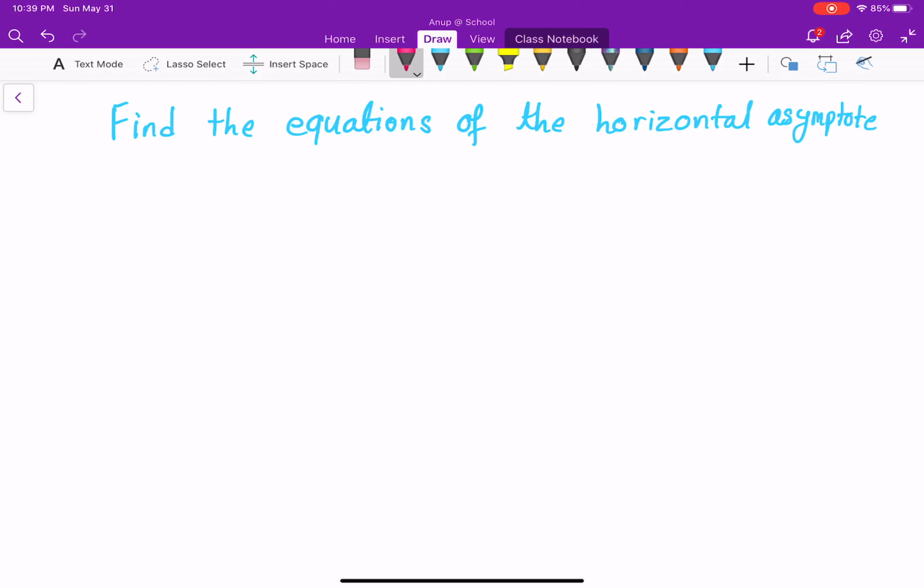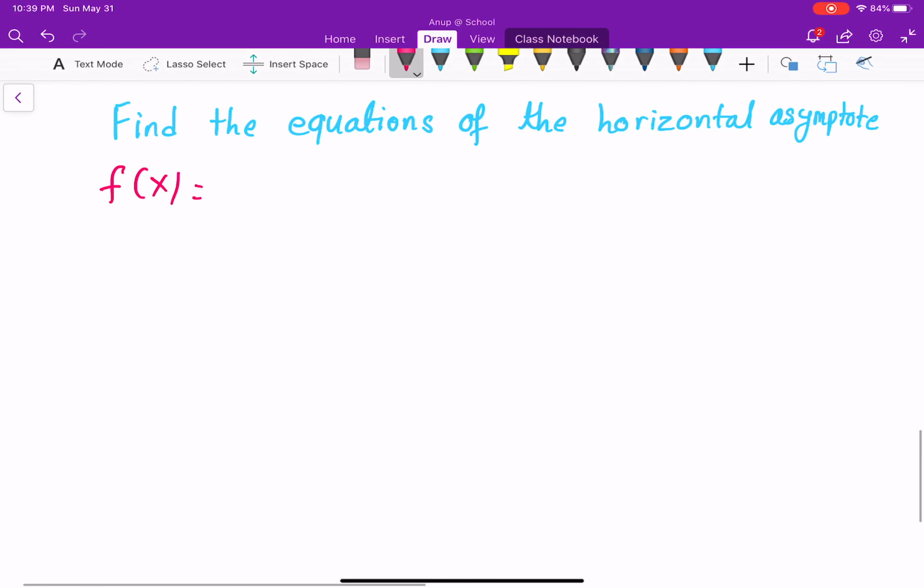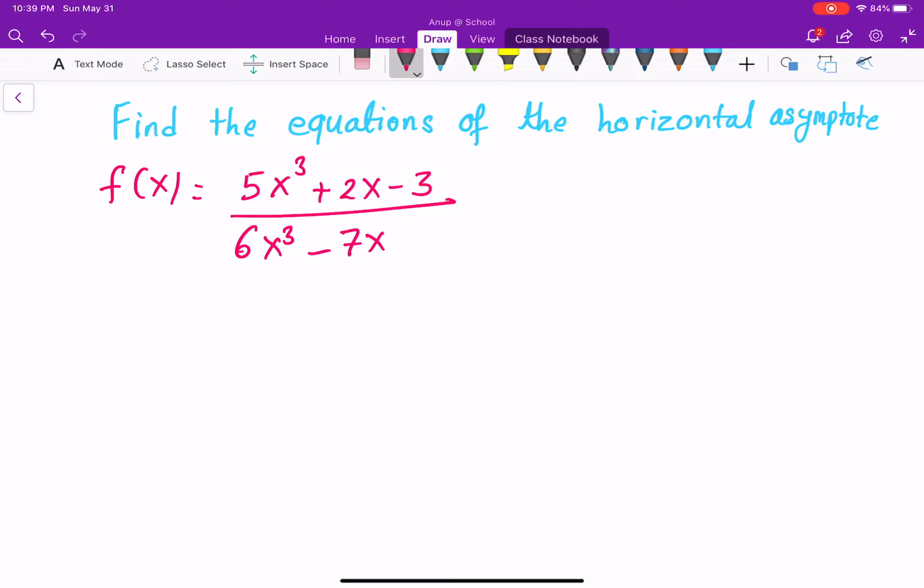All right, let's find the equation of the horizontal asymptote. Let's take one example where f of x is equal to 5x cubed plus 2x minus 3 divided by 6x cubed minus 7x plus 1. Our goal is to find the equation of the horizontal asymptote. As we have discussed earlier, we need to check the degree of the numerator polynomial and the degree of the denominator polynomial.